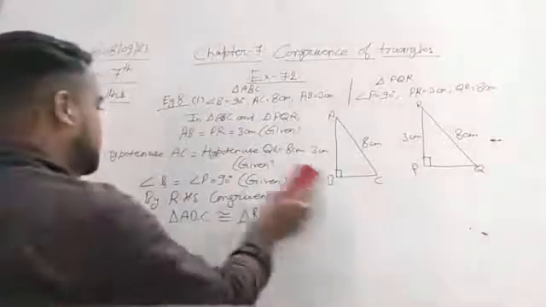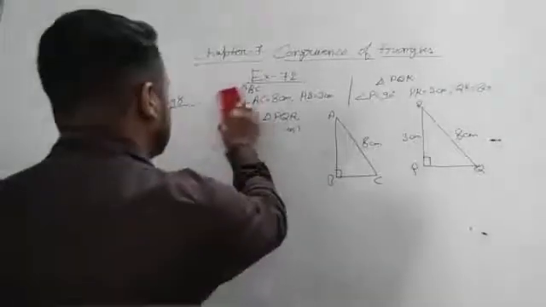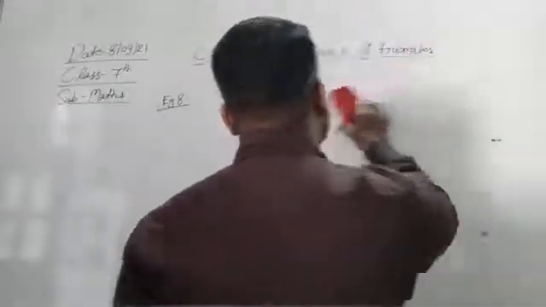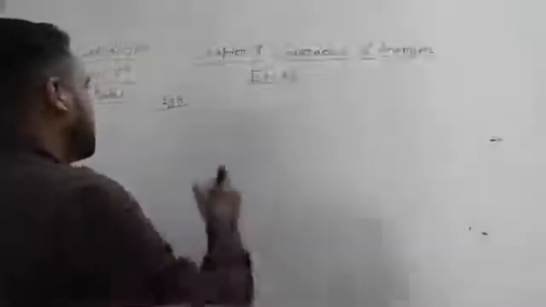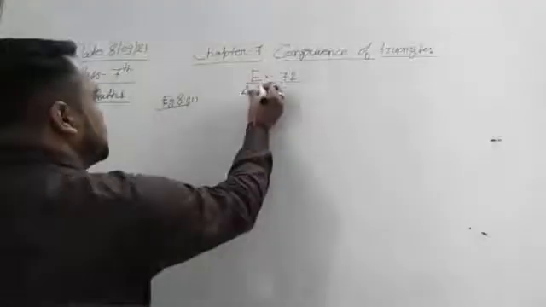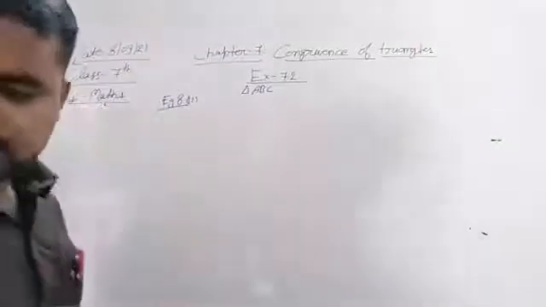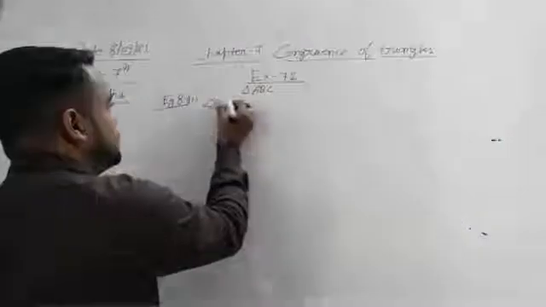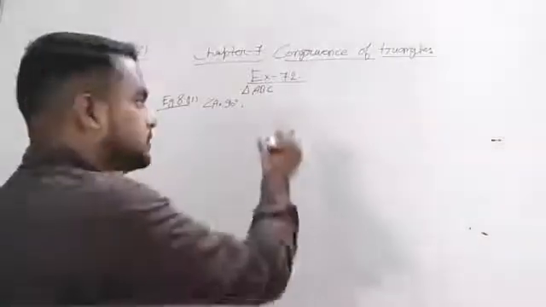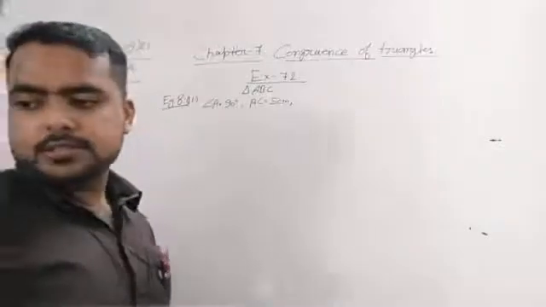Now the second part of this example. Triangle ABC: angle A is equal to 90 degree, AC is equal to 5 centimeter, and BC is equal to 9 centimeter.